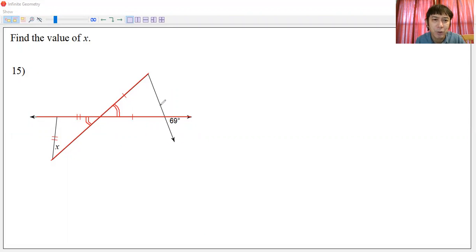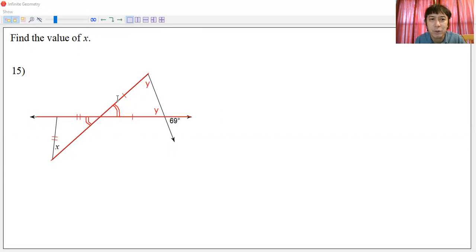That means you can also mark this angle. We can use just a letter, so let's make use of letters. Let's mark this angle y, and this is also angle y there.